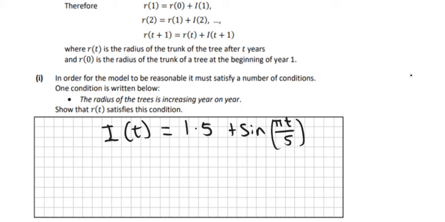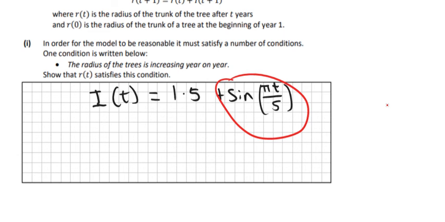Right, so this is what we have to see. If you think about what sine is on the graph, the sine of anything has to end up being between -1 and 1. So you can't get something within that red circle that isn't between -1 and 1.